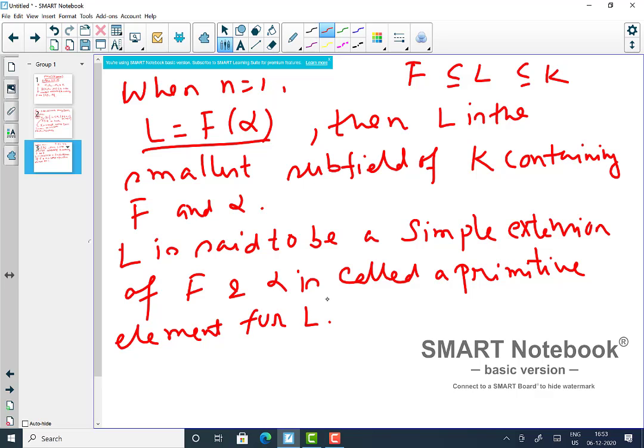So what is a simple extension? A simple extension of a field F is nothing but an extension field which is generated by a single element over the field.